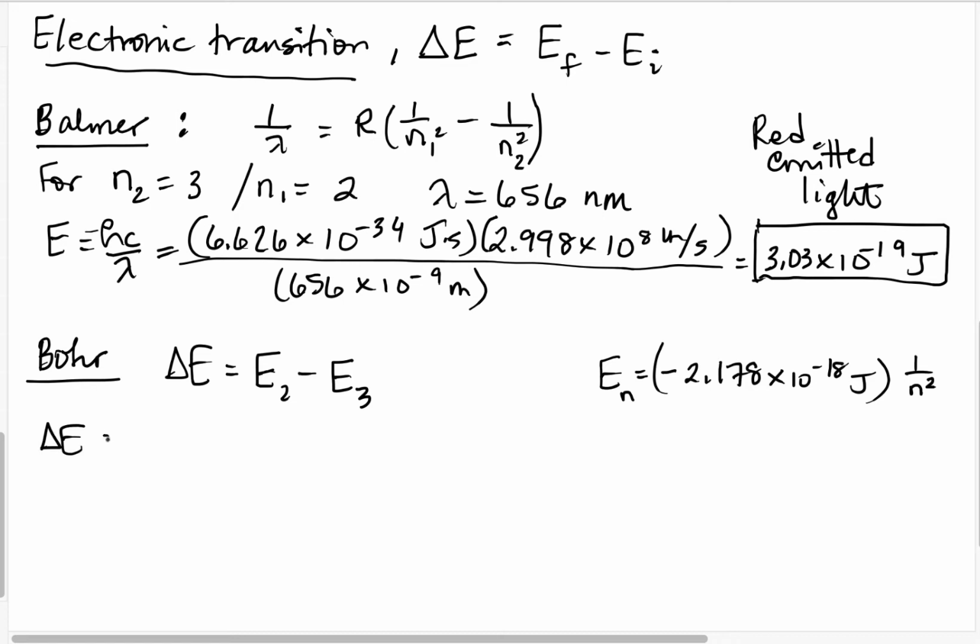But notice also that this same constant is going to be in both of them, so we can factor this number out first. So we can have this change in energy be minus 2.178 times 10 to the minus 18 joules that we're going to factor out of our 1 over 2 squared, that's 4, minus 1 over 3 squared, which is 9.